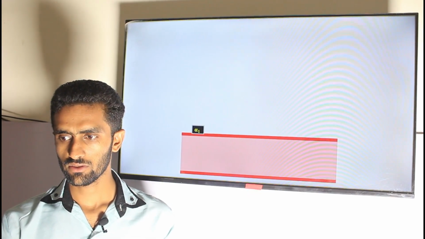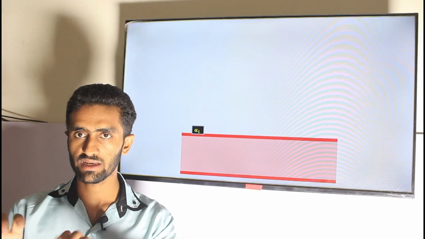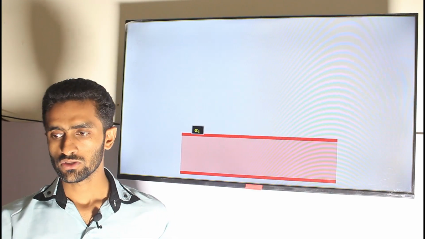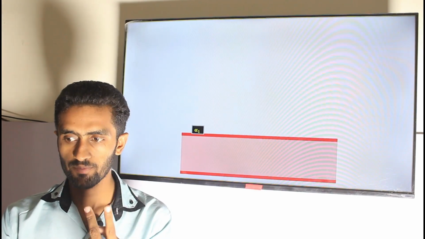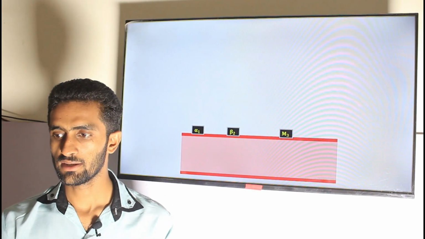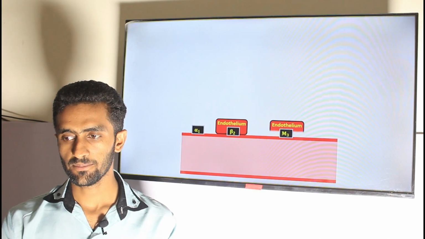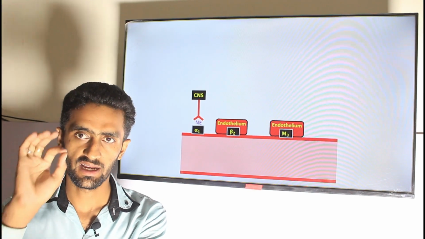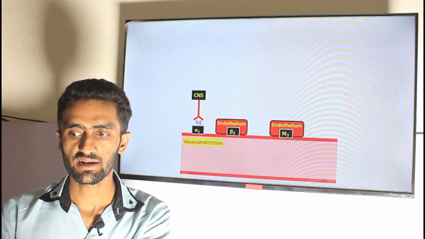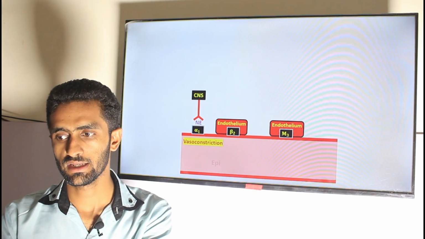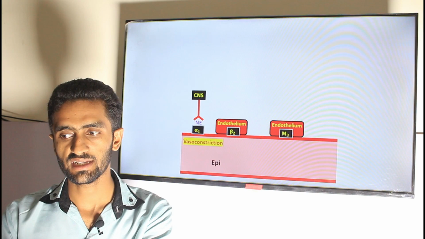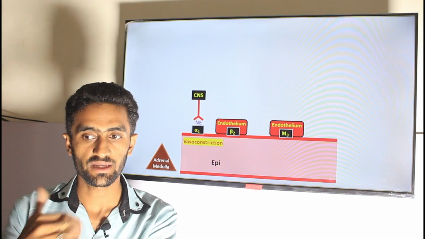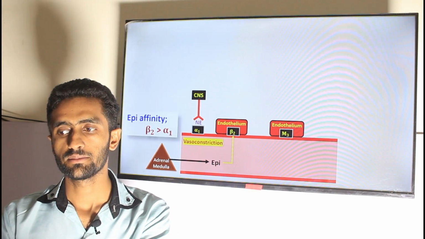Now just look at how vasodilation and vasoconstriction happen throughout. There are three receptors: alpha 1, beta 2, M3, associated with the endothelium. Only alpha 1 is innervated, via the CNS. So norepinephrine acts on the alpha 1 receptor and causes vasoconstriction. Epinephrine, coming from the adrenal medulla, can stimulate beta 2.